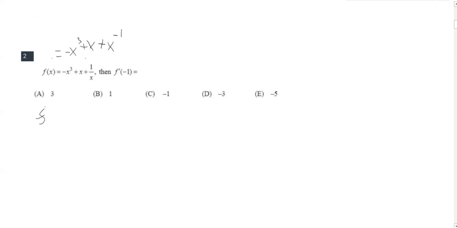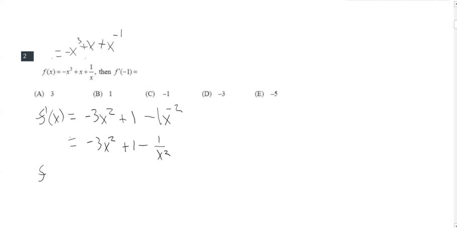And then when I differentiate that, you have negative 3x squared plus the derivative of x is 1. And then x to the -1, the exponent comes down, and you subtract 1 from the exponent. So this would be negative 3x squared plus 1 minus 1 over x squared.